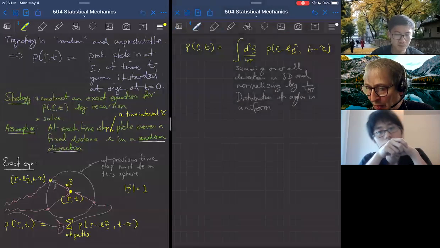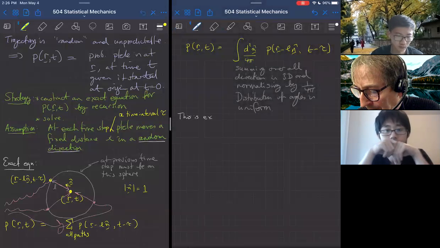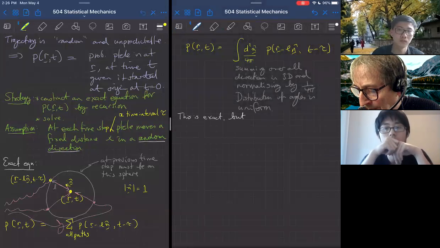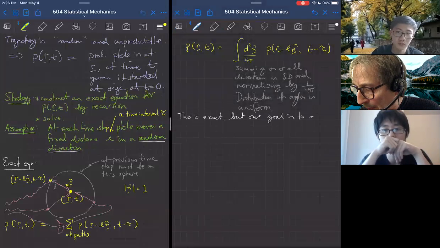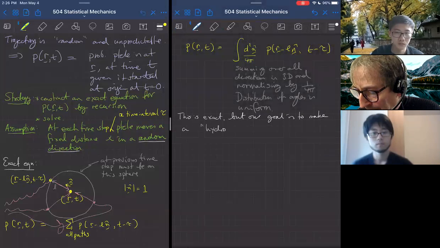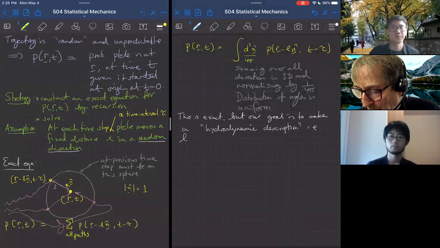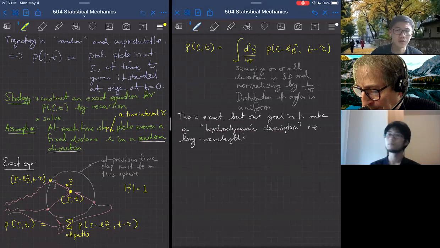So what's the next thing that we do? So this is exact, but our goal is to make a long wavelength description, what's called a hydrodynamic description. And what that means is that we're looking at long wavelengths and long times.